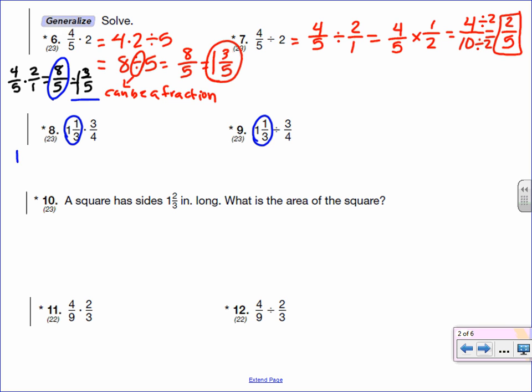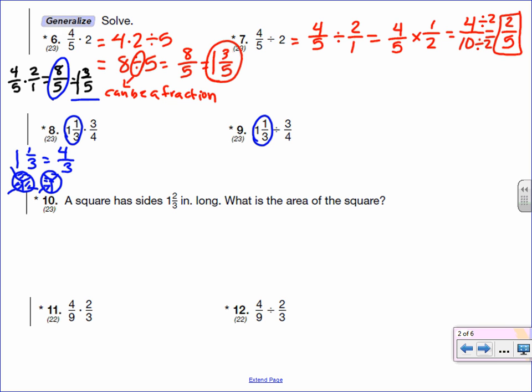So when we have 1 and 1/3, what that actually means is that we have one whole shaded, and if I was to divide it into thirds, it would look like that. And then we have one extra third shaded. So I have 1, 2, 3, 4 thirds shaded.